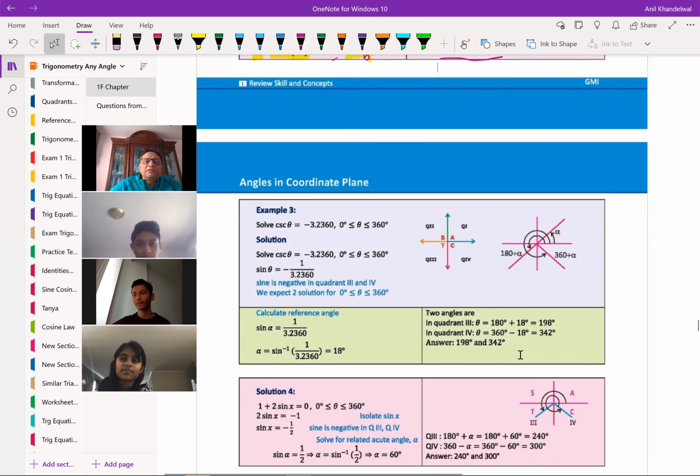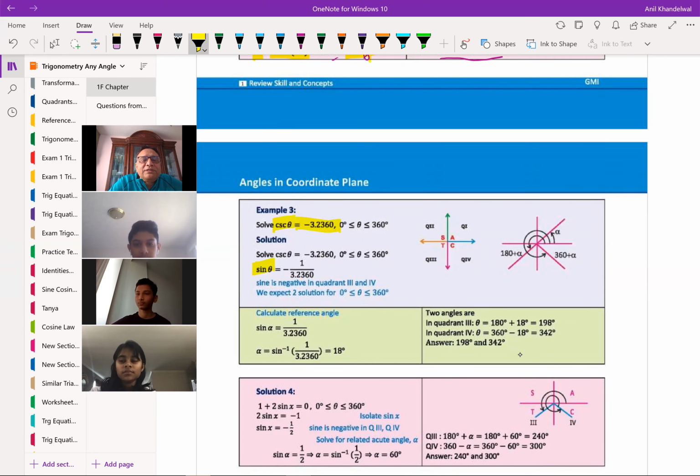This time the example is different since we are looking into the reciprocal of our secondary trigonometric ratio, which is cosecant. So we are saying cosecant theta is minus 3.2360. Now you know cosecant is the reciprocal of sine, correct?